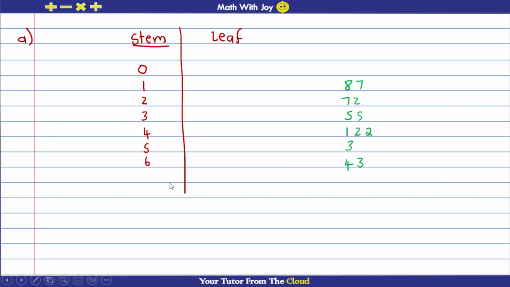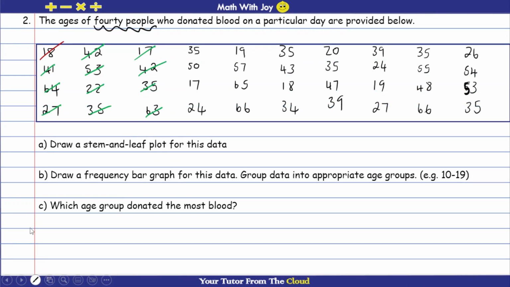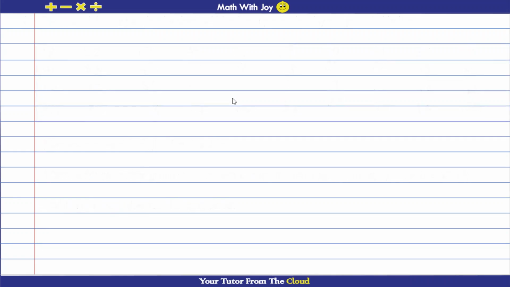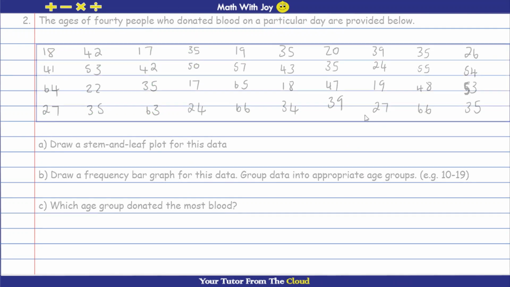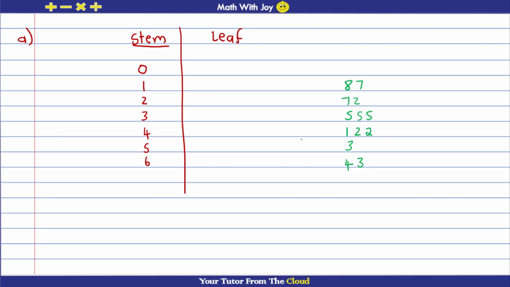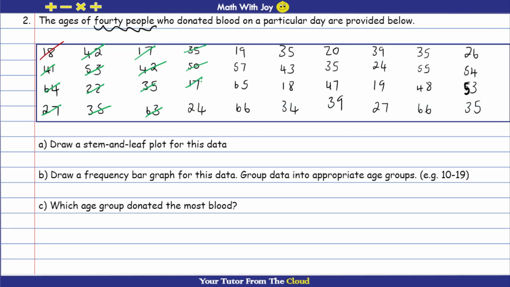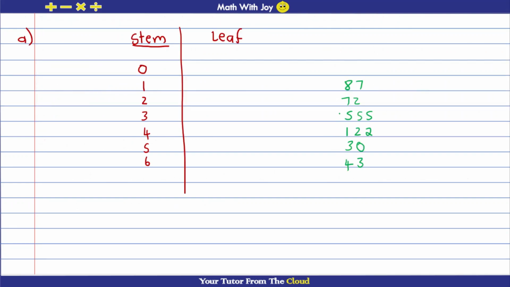Well, this next one is going to be 35 and 50. So I say 35. I don't know why the pen keeps getting away. 35 and 50. And then I have 17 and 24.